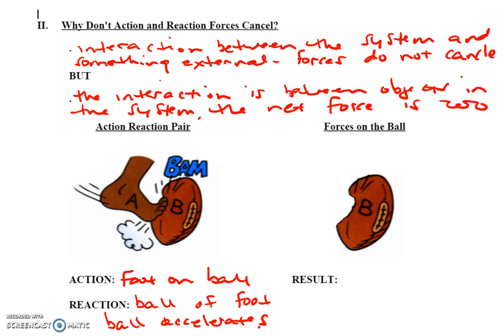If we look at the second example, let's say that we've got a person kicking the ball from the left, and we have a second person kicking the ball from the right. In this case, there are two forces acting on the ball. Those forces are equal and opposite, so the net force on the ball is 0. But not for the single interaction with one foot. So if we were to look at the left foot kicking the ball, the net force would not be 0 because the ball would accelerate without the second foot.